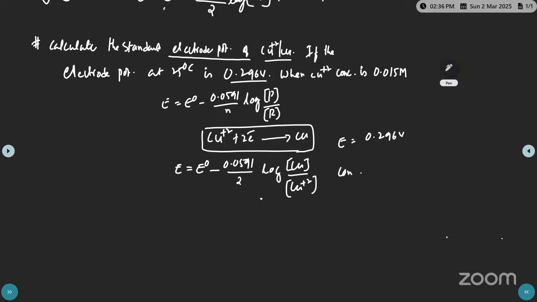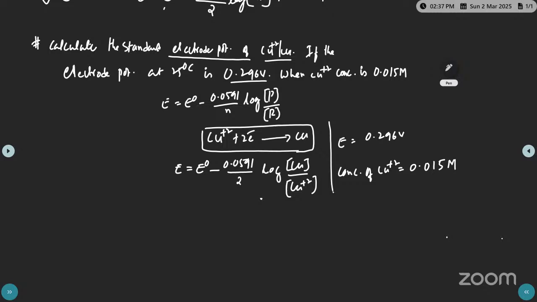So concentration of Cu plus 2 is equal to 0.015 mole. Okay, so here this is the given data. So E is equal to 0.296 volts, and concentration of copper plus 2 is 0.015 molar. Right. So substitute these values and simplify it.